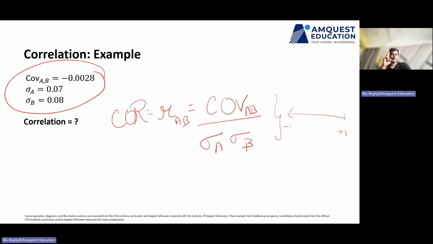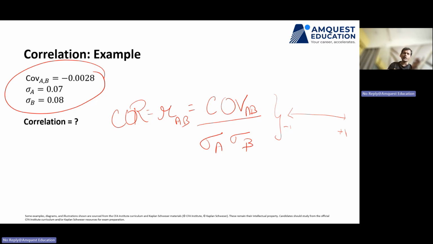Now this gives you two things. It tells you that the correlation is negative. That means if one goes up, the other will go down. The 0.5 tells you that correlation is in the middle. Meaning it's not too weak, because I told you it is between -1 and +1. So it's 0.5. Now, what do you think?